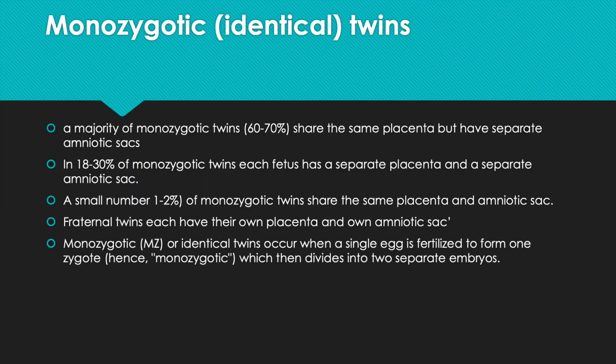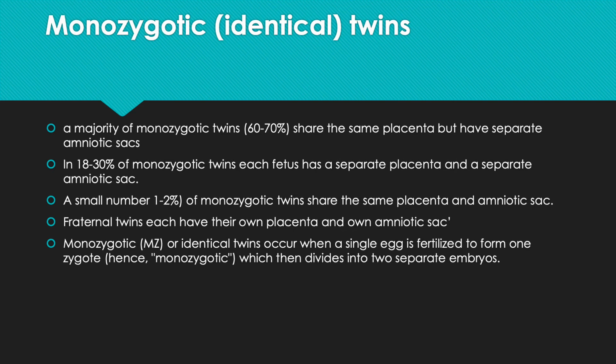Now we come to monozygote, which is identical twins. The majority of them, 60 to 70%, share the same placenta but have separate amniotic sacs. Also, in 18 to 30% of monozygote twins, each fetus has a separate placenta and separate amniotic sac.